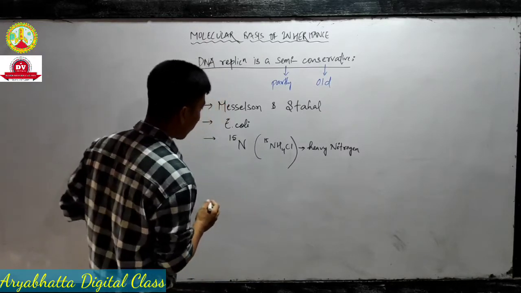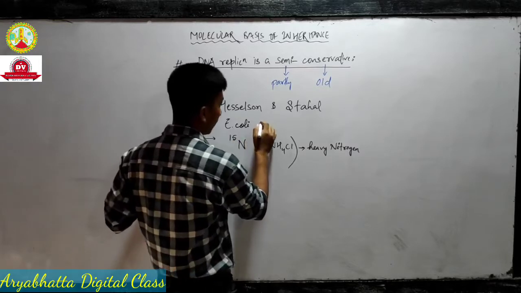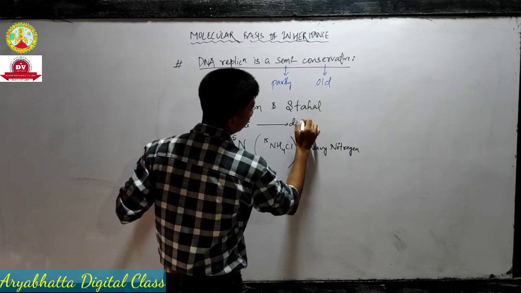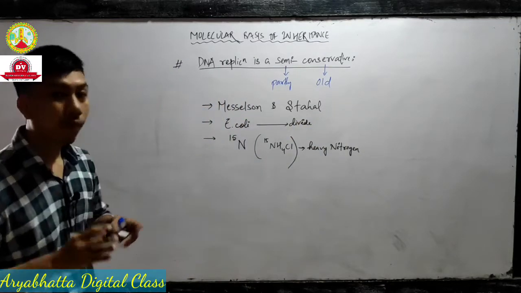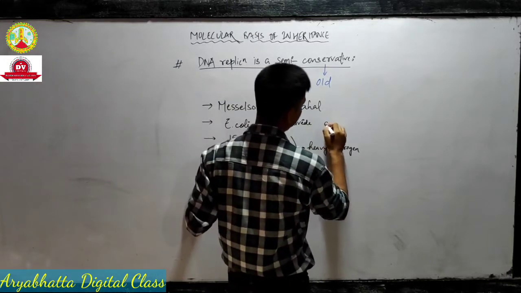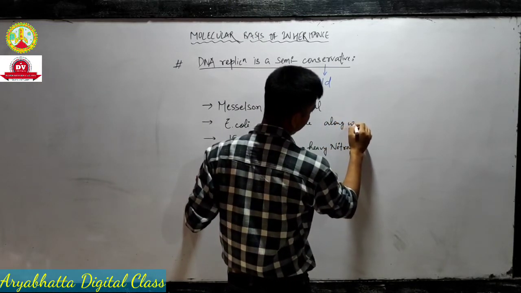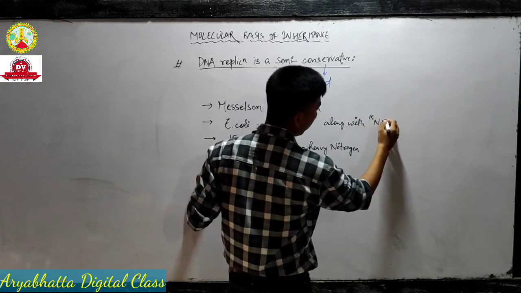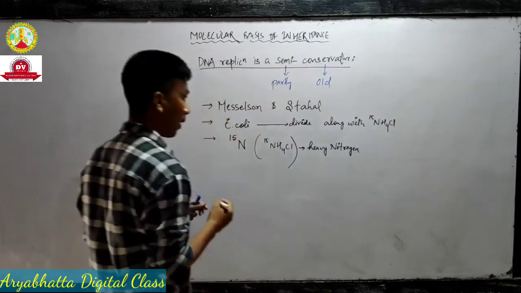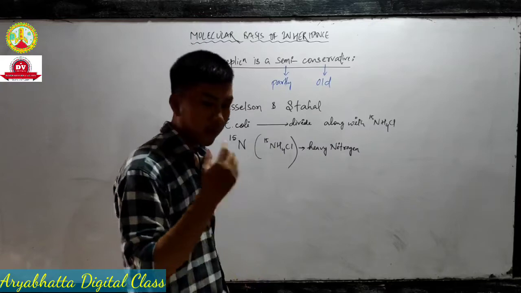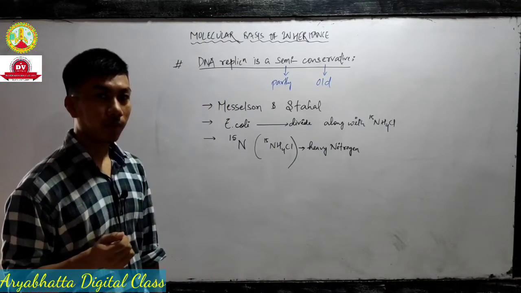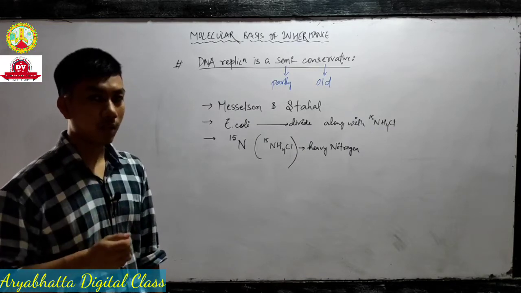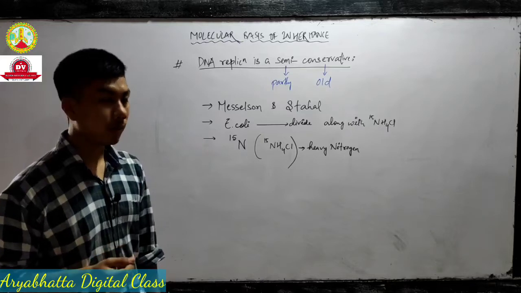So what they did, let me write it here. They allowed E. coli to divide along with heavy nitrogen N15 in the form of NH4Cl, that means heavy nitrogen N15.